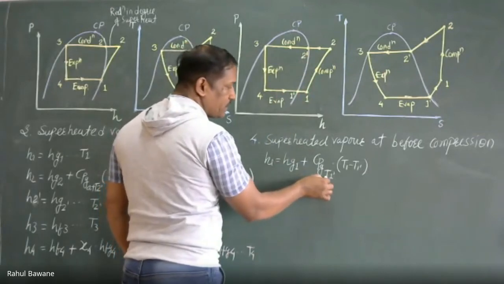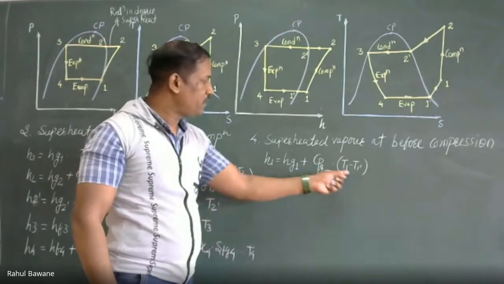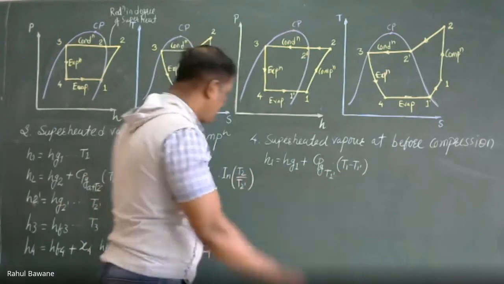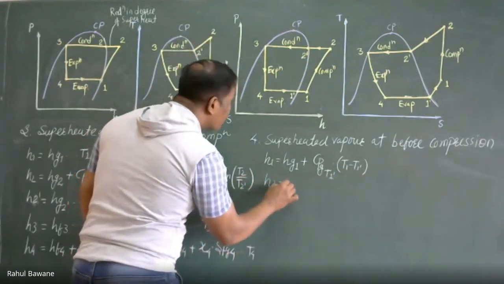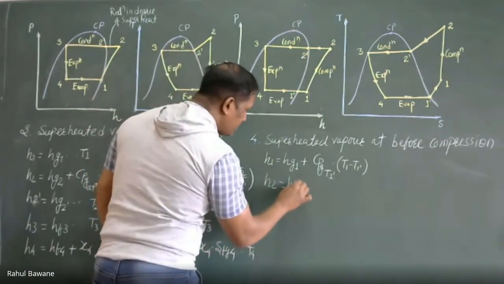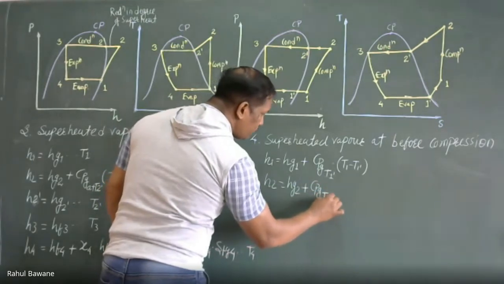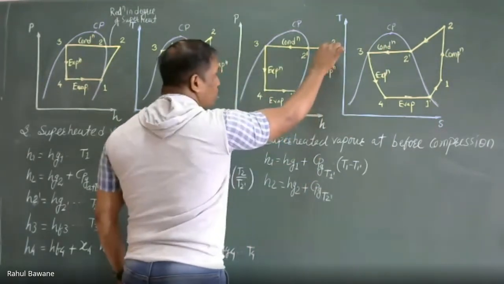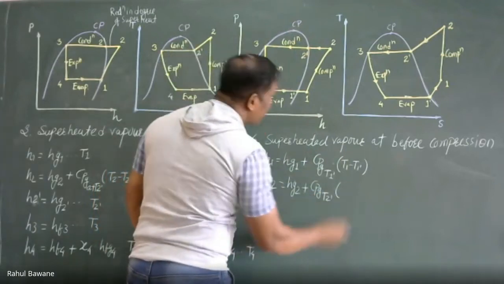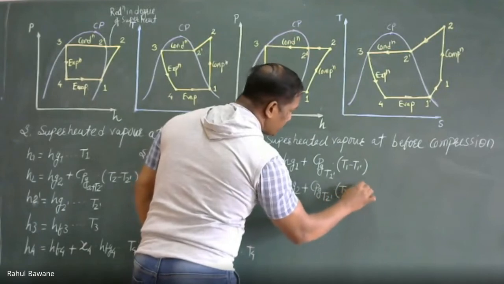Take the temperature T1 dash, calculate the Cp at that point, and then multiply by T1 minus T1 dash. H2 is again superheated, so similarly Hg2 plus Cpg at T2 dash, remember not at T2, it is at T2 dash on the curve, multiplied by the degree of superheating, that is T2 minus T2 dash.